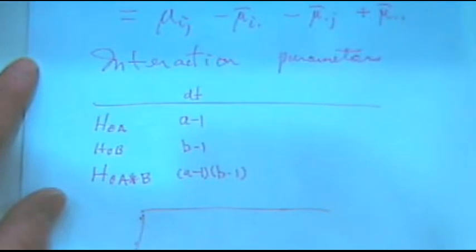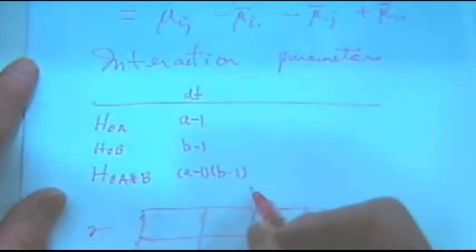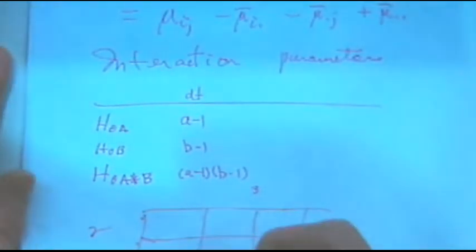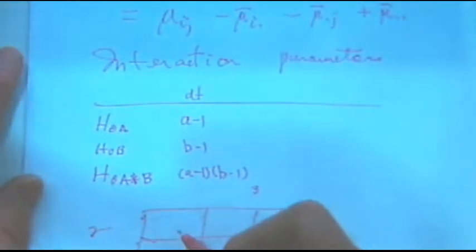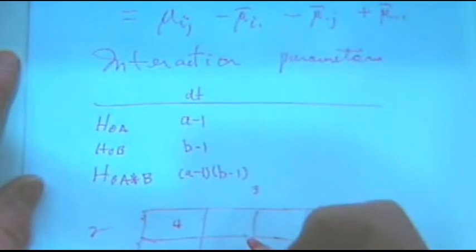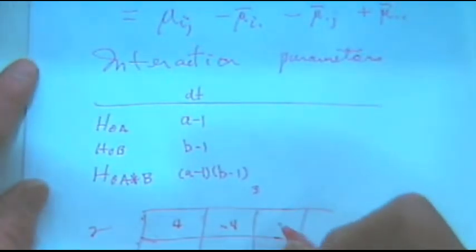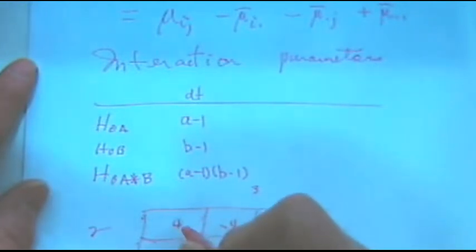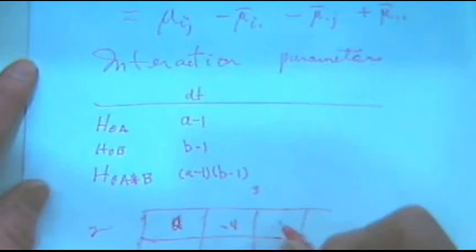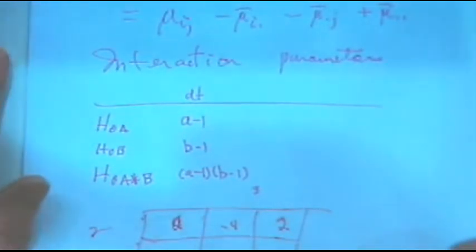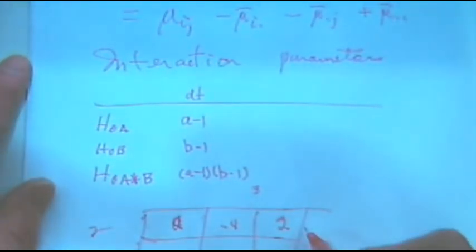Schematic. Here's a 2 by 3, right? And then you can have, see the average, as long as the average is the same. See the average here would be 0.